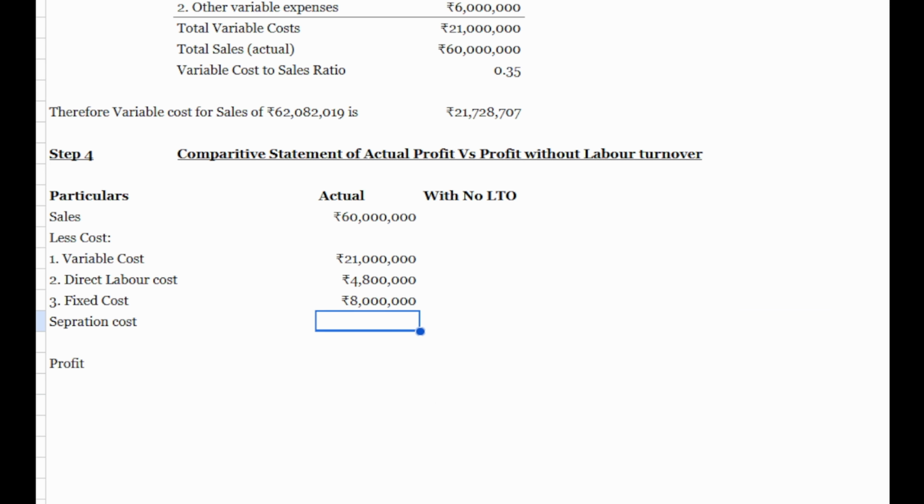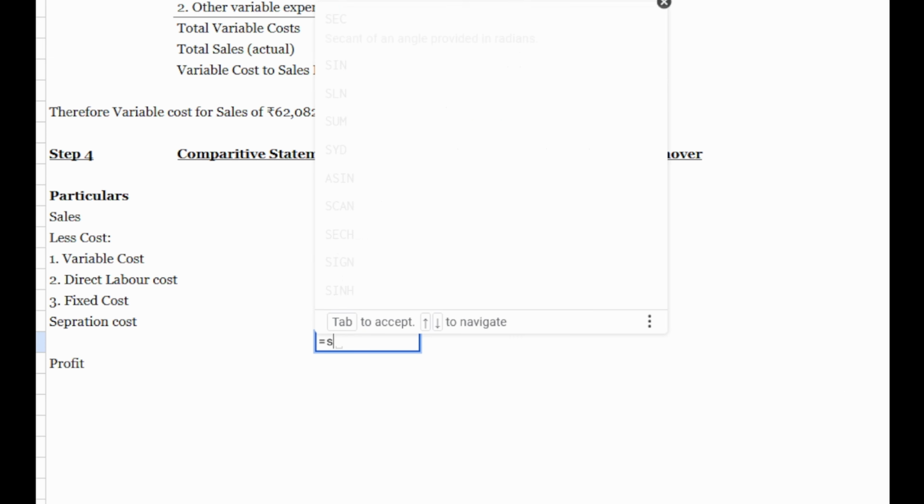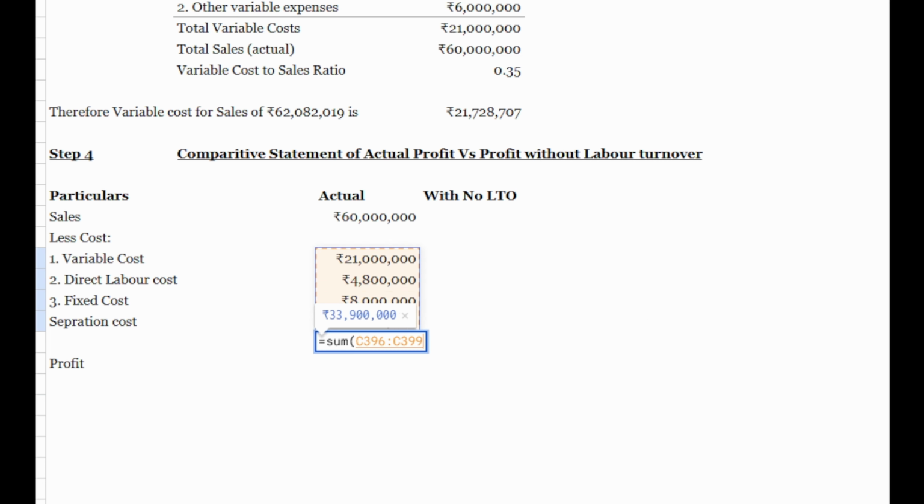And you also have a separation cost in the case of actual, because there was labor turnover and because of that you had to train and recruit more people, and separation cost was 1 lakh. So the total cost will be 339 lakh. Hence profit is equal to sales minus this cost. It will give you a profit of 2 crore 61 lakh.